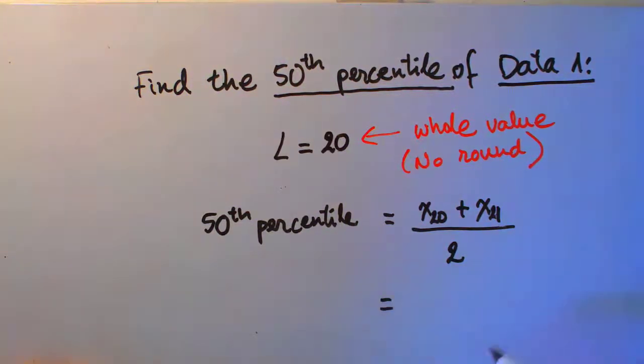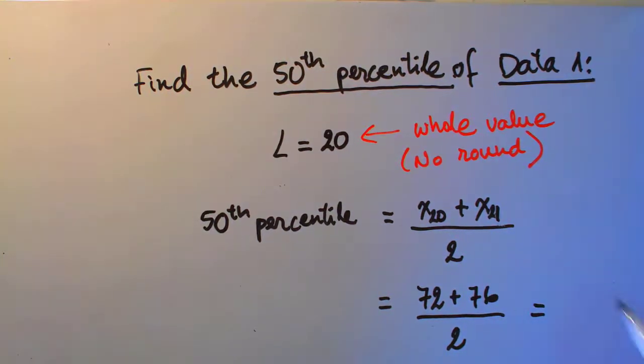And that gave me 72 and 76 added up and divided by 2. So our 50th percentile was 74.